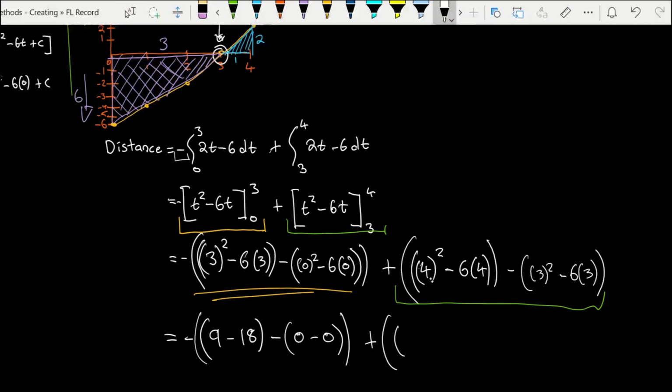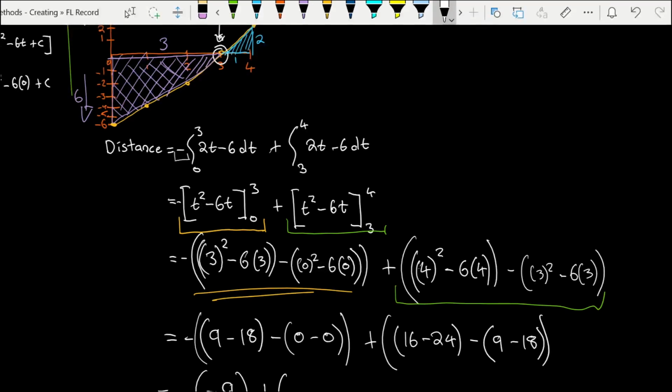The first guy here is 4 squared is 16. Subtract 6 times 4, which is 24. Minus 3 squared is 9. Subtract 18. Furthering this, 9 minus 18 is negative 9. Subtract 0. That's just going to leave that as so.